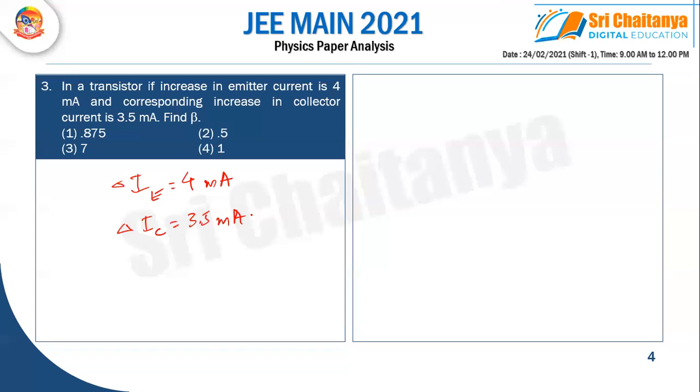We'll be looking into the current gain in common base connection, and that is delta IC by delta IE, and here I'm going to get 7 by 8.